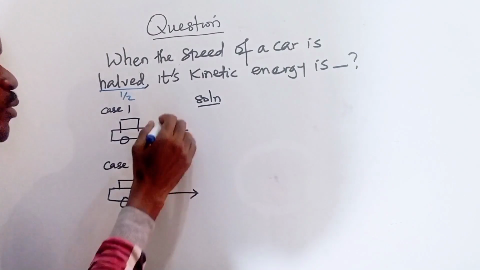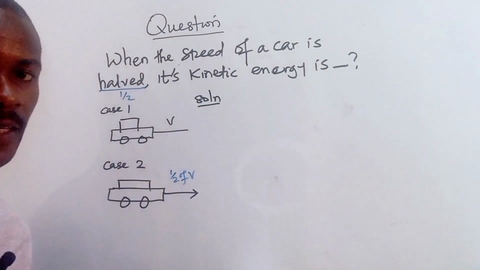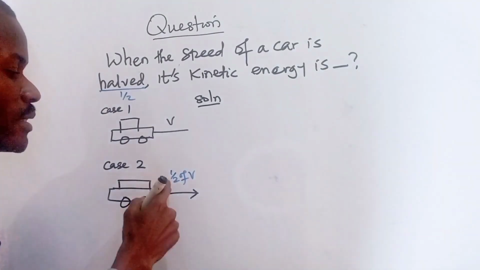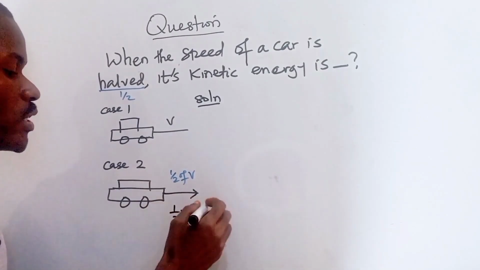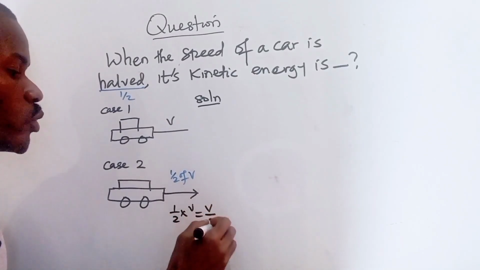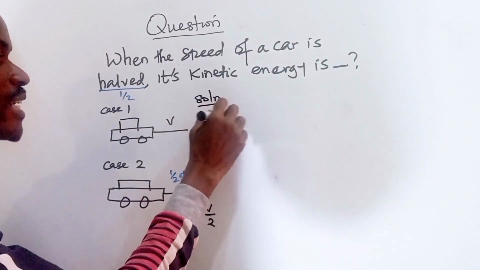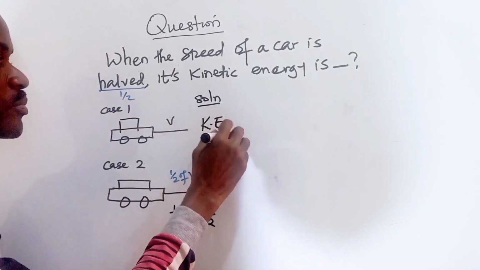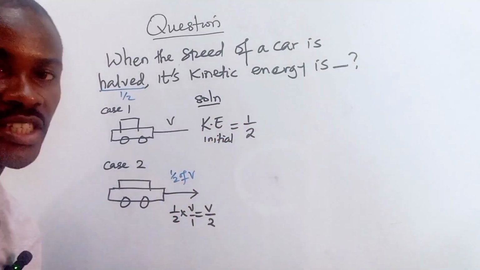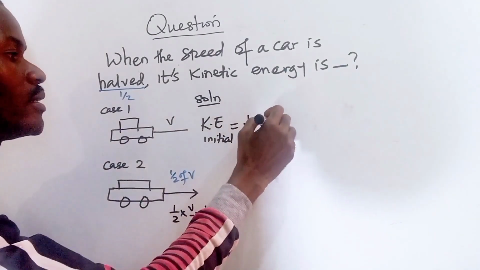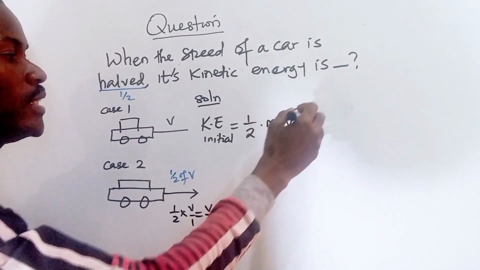So what that means is we now have half of V. Half of V simply means half times V, which is V over 2. The initial kinetic energy here was, of course, the formula for kinetic energy: half of the mass of the car times the velocity of the car squared.